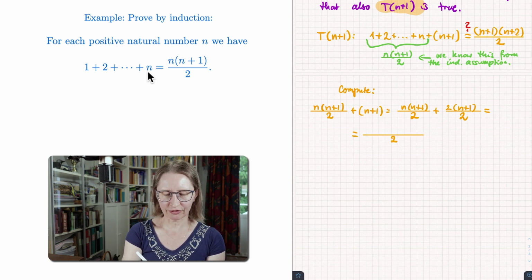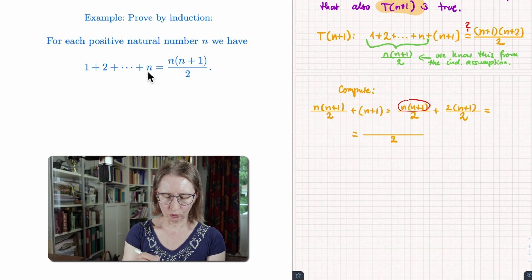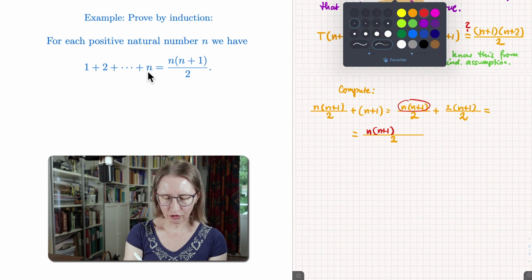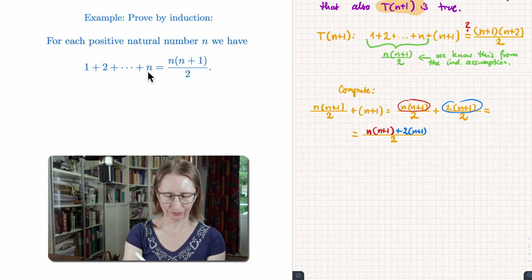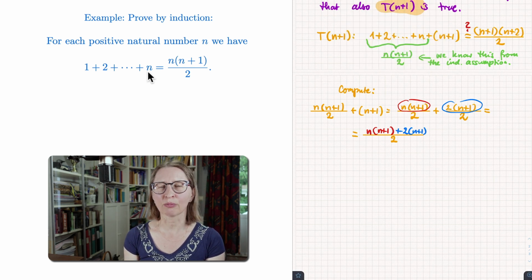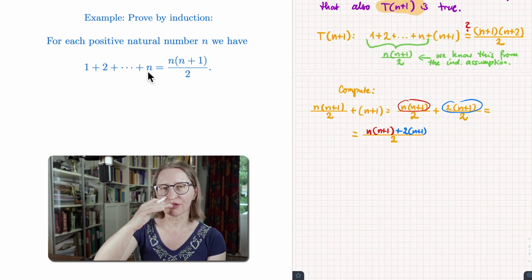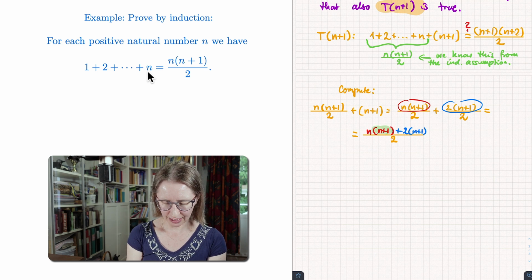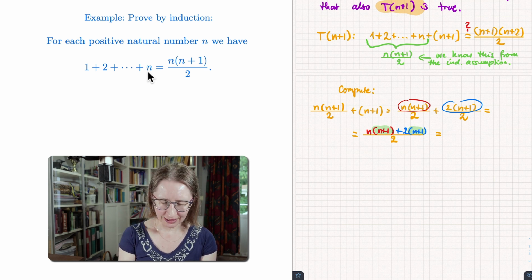And from the first fraction here, we will have n times n plus 1. And from the second fraction, we will have 2 times n plus 1, right? And now we see that we got a common factor in both terms which are in the numerator. So I can factor out this common factor.